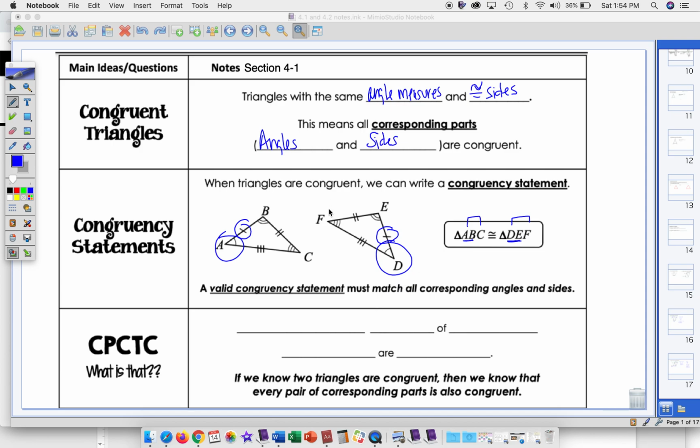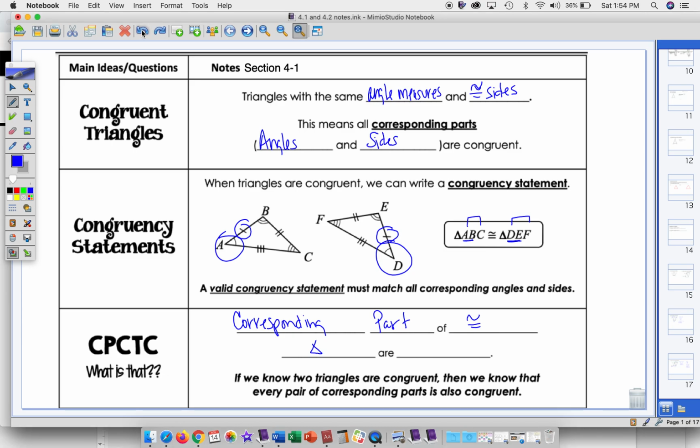So CPCTC, what that stands for is corresponding parts of congruent triangles are congruent. That's a terrible triangle symbol there.